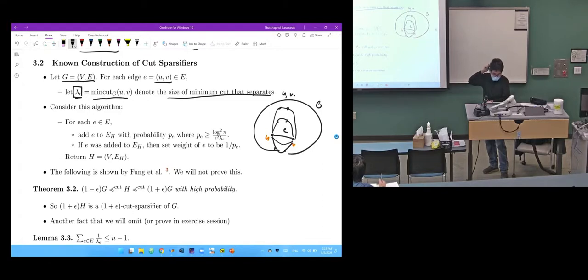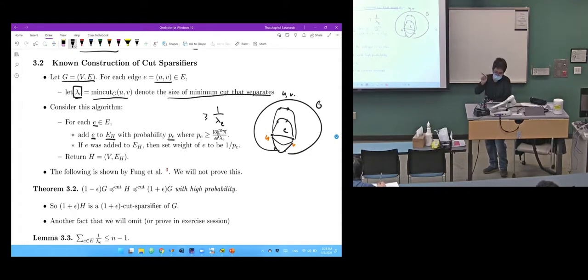And now the known algorithm is this. For every edge in the graph, you add this edge into your graph H with probability p_e. Roughly speaking, p_e should be at least 1 over lambda e. Ignore the not so important details.